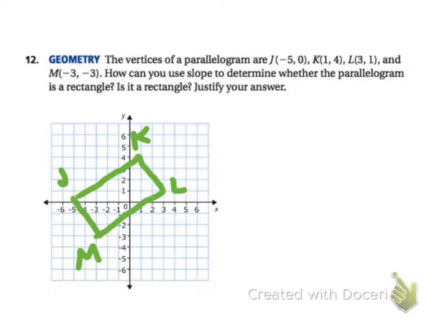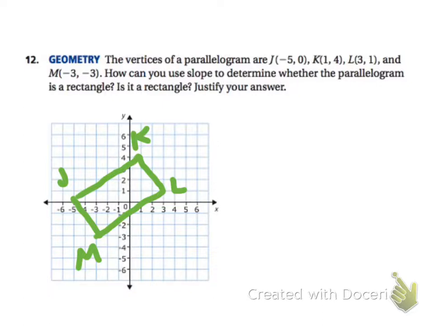So on this problem, you're going to have to calculate the slope between JM and KL, JK, and LM, because we're going to have to see if they are indeed perpendicular. To be perpendicular, they would be negative reciprocals of each other.